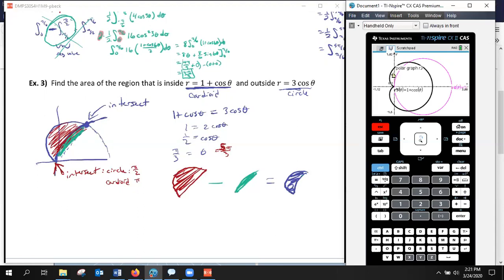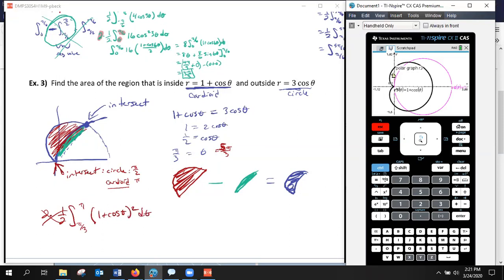So now that I have it beautifully color-coded, the area of this cardioid is going to be 1/2 the integral from the intersection point, which is going to be at pi over 3. Oh, by the way, we're going to double all of this, so these are going to cancel each other out. So I'm not going to worry about the 1/2 anymore. So pi over 3 to pi, since we're working with the cardioid, 1/2 r squared, so 1 plus cosine of theta squared, d theta.